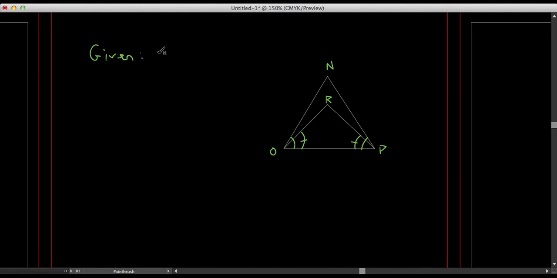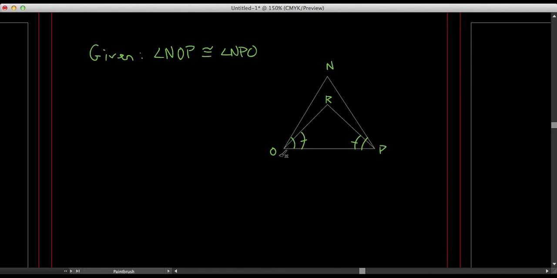So we're given that angle NOP is congruent to angle NPO. So angle NOP is congruent to angle NPO. All right, what else are we given?